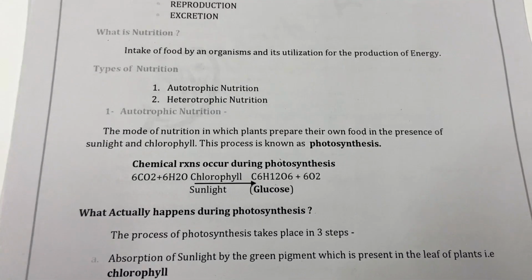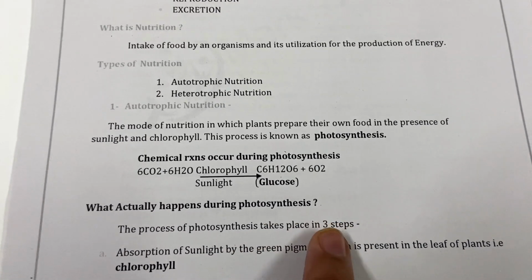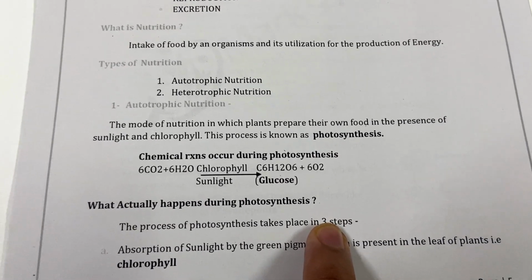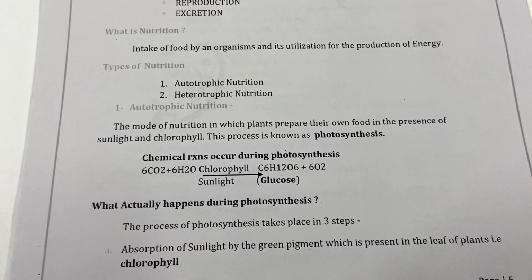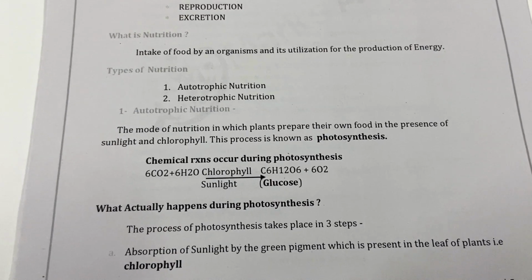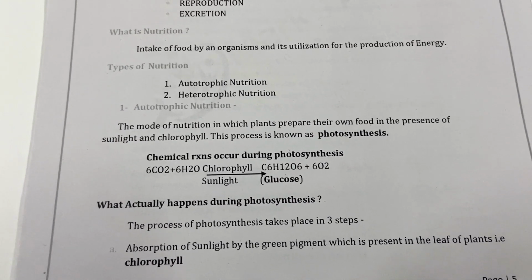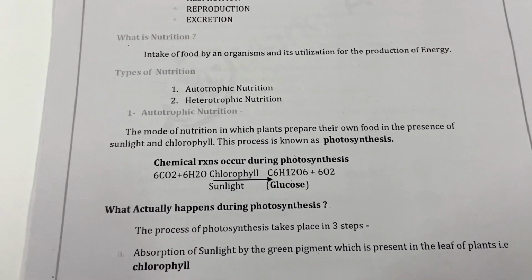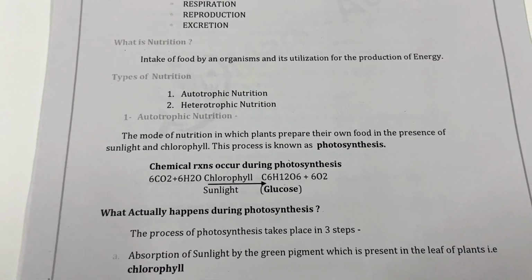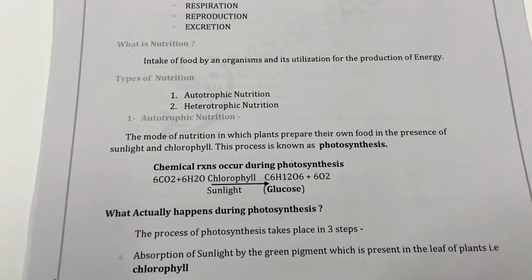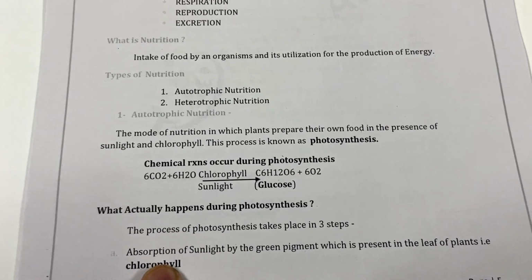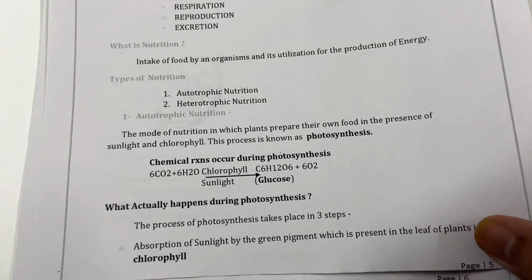Now let us understand the three main steps which occur during photosynthesis. The first step is absorption of sunlight by the chlorophyll. So in the first step, there would be absorption of the sunlight by the chlorophyll, which is a green pigment present in the leaves.